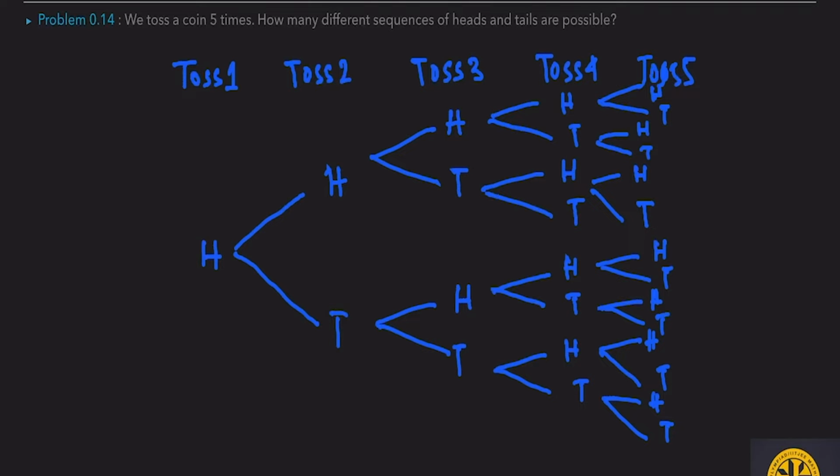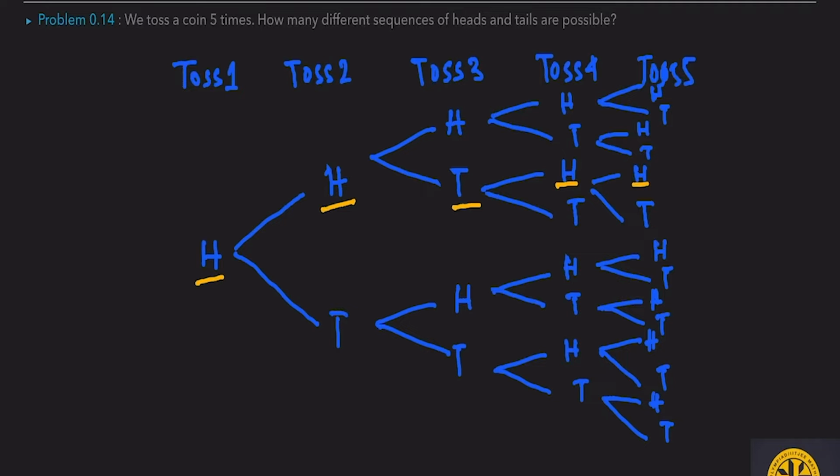If you see closely, if we fix the choice of toss 1 as head, we will have 16 different outcomes over here. We can visualize this one as one sequence, this one as another sequence. Similarly, H, H, T, H, H is another sequence. H, H, T, H, T is another sequence.